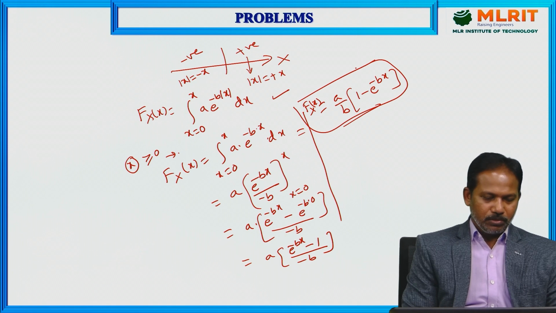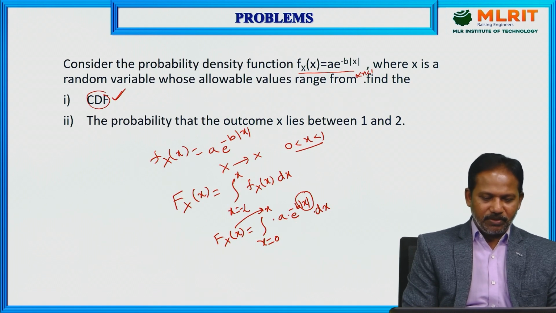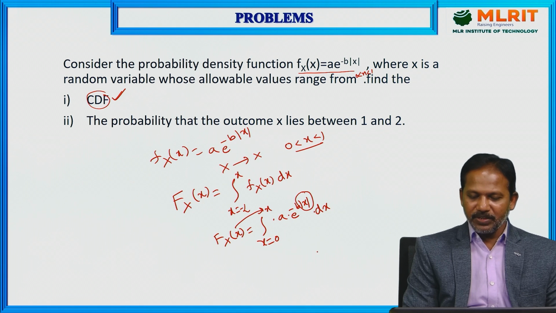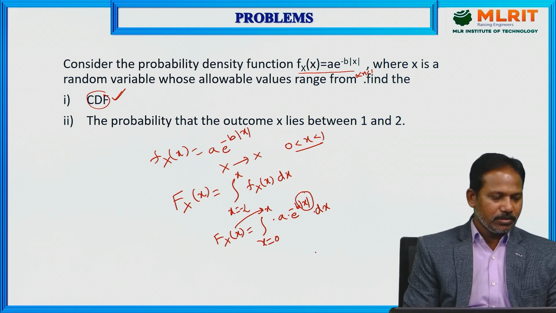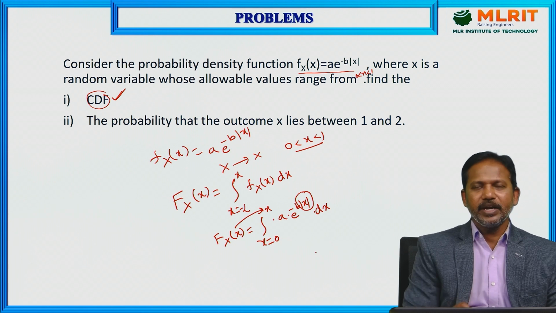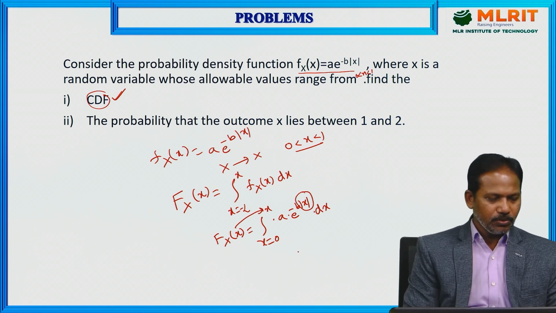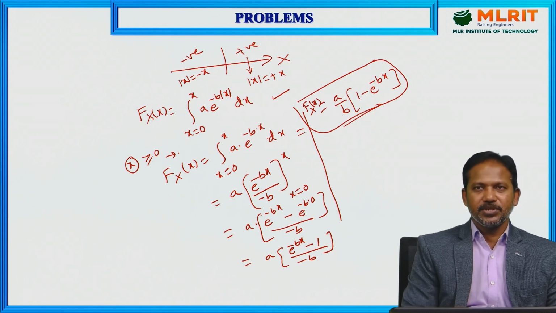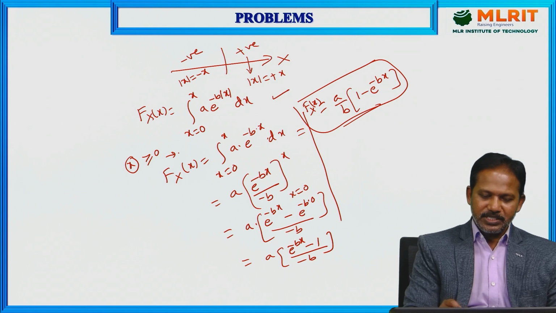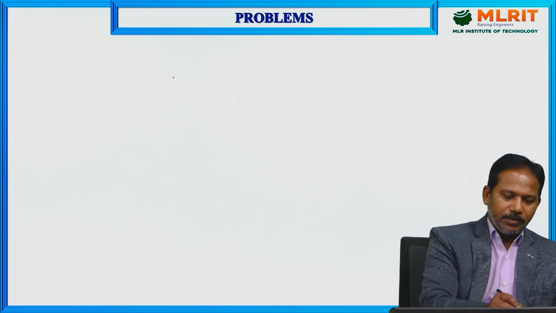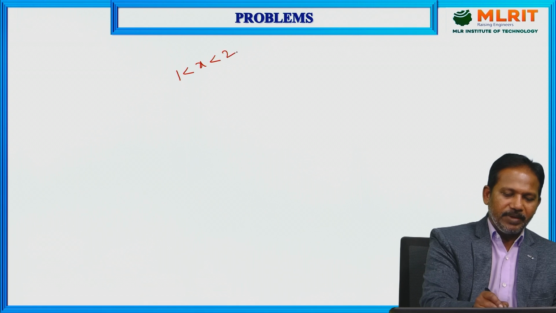Now I need to find the second one. What he is telling is the probability that the outcome lies between 1 and 2. For that one, what will happen? First of all, if you want to find this one, I should know the probability distribution function. So here my x value lower limit is 1 and my upper limit is 2.